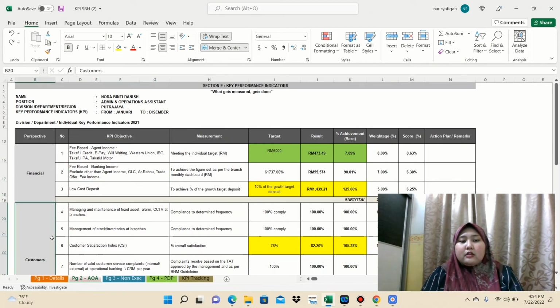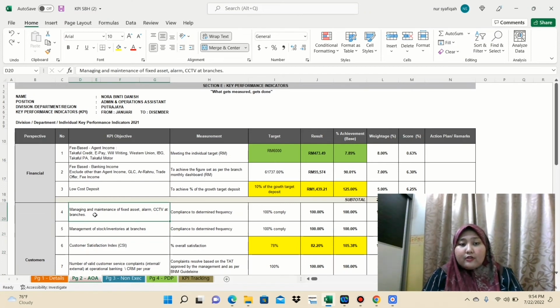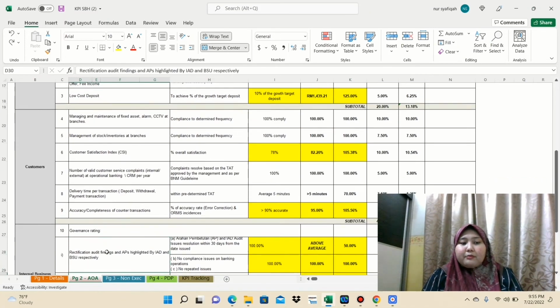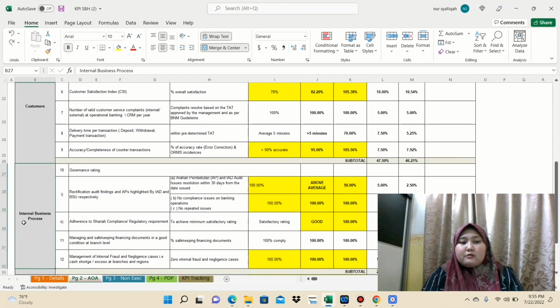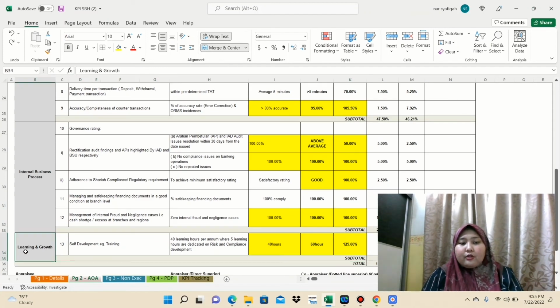For the customer, number 4 is managing maintenance of fixed assets, alarm, CCTV at branches. For example, internal business process is about audit issues, Sharia compliance and safekeeping of financing documents. Learning and growth is self-development such as training.